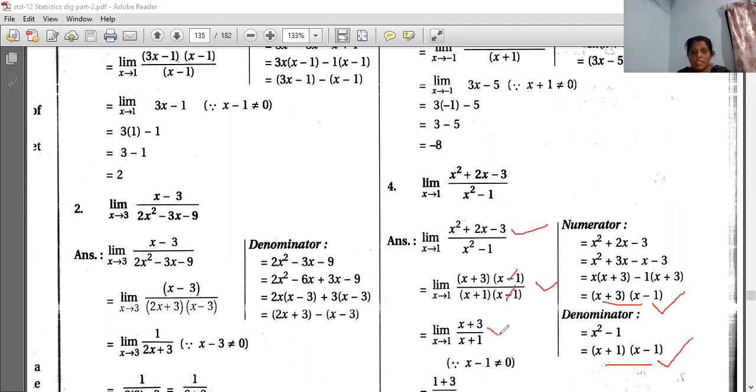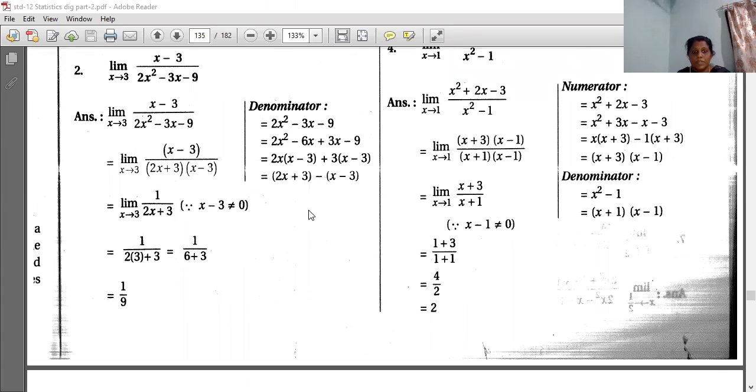Then the remaining is x plus 3 upon x plus 1. Now you have to substitute the value of x as 1. So here you have to write 1 plus 3 is 4 and 1 plus 1 is 2. 4 by 2 will be reduced to 2. So the value comes to 2. The answer of the fourth question is 2. Okay, it is an easy sum, that's why I'm explaining like this.